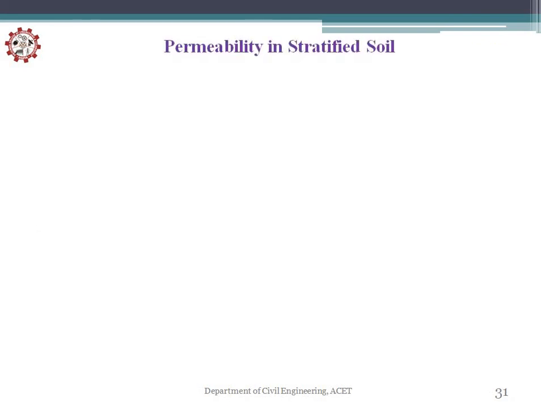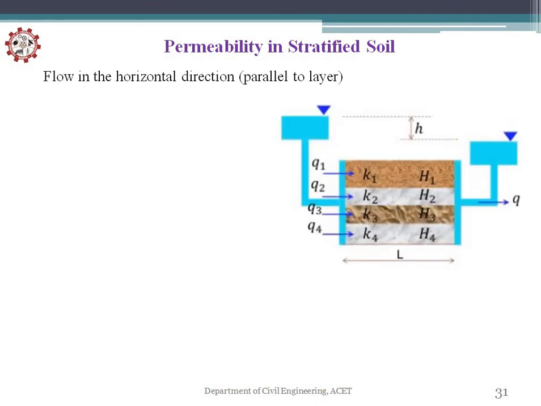Now permeability in stratified soils: flow in the horizontal direction, parallel to the layers. So this is the condition, layers 1, 2, 3 and 4, and this is the discharge parallel to the layers. This is your reservoir 1 and this is your reservoir 2, with the water levels flowing in and coming out.